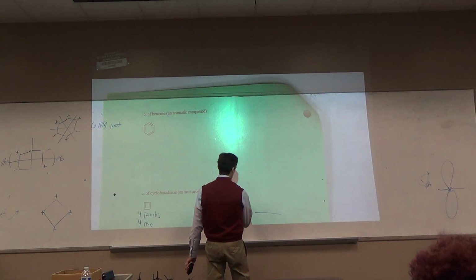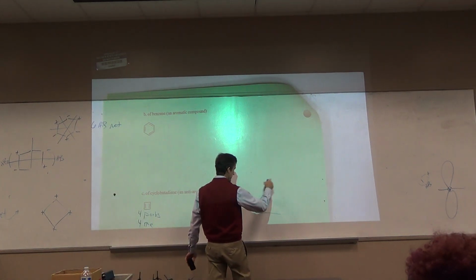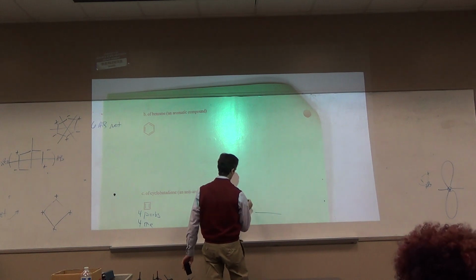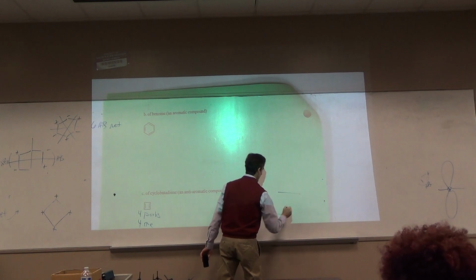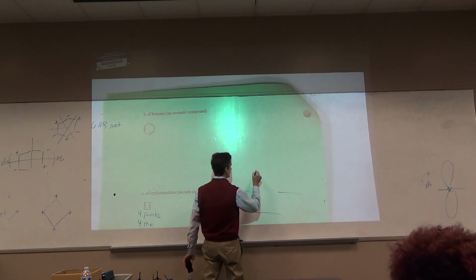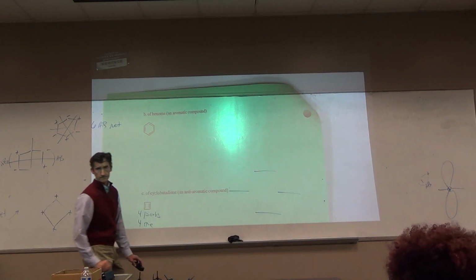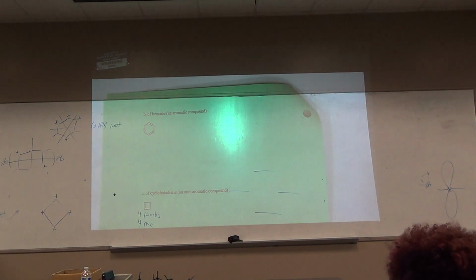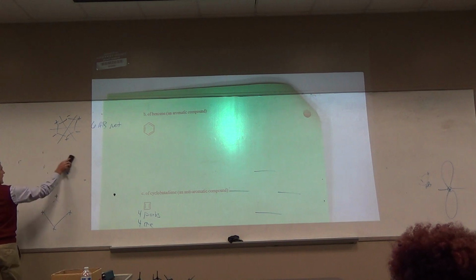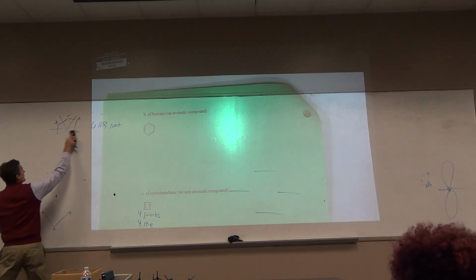How many MOs are we drawing? 4, because we've got 4 p orbitals. 1, then 2, then the fourth one is just 1 at the top. And that's always going to be the case.